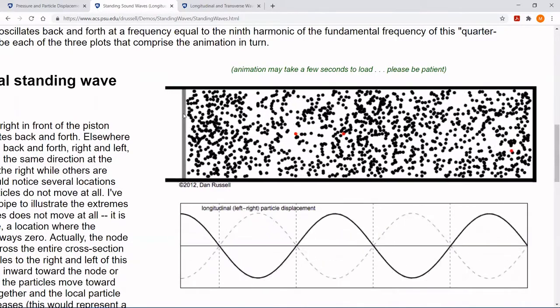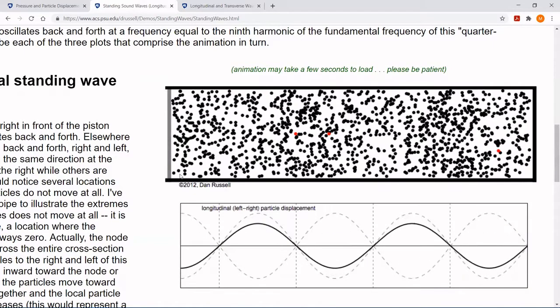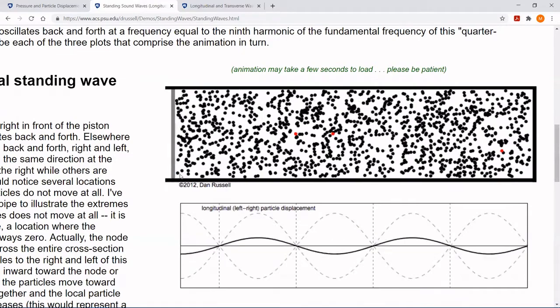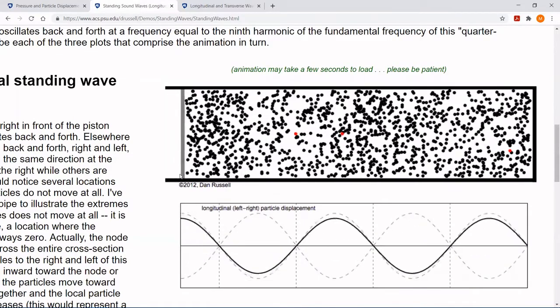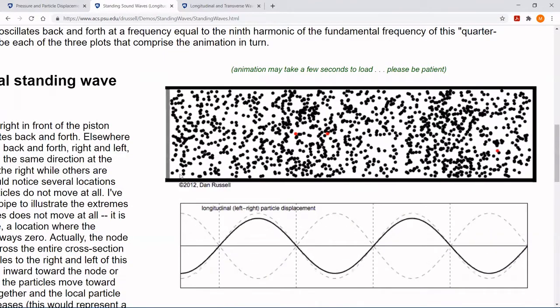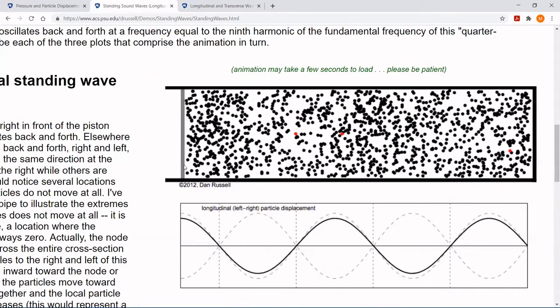Well, this little piston that he's put in the animation might be a little misleading. Try to remove it from your mental picture here, and then you would see that those particles are open to the atmosphere. Actually, that's not even necessary. What you could do is use Newton's second law. Let's pretend that this piston on the left side here is massless.